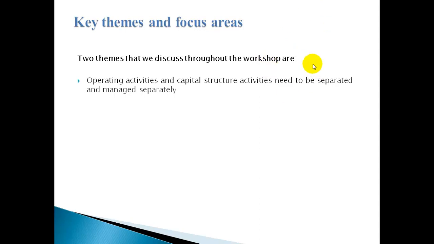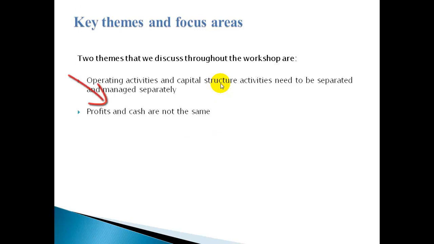That's another set of discussion and decisions that management teams or owners make. They're not the same. So we're going to look at operating activities and see how your business is doing from its operations. And then we're going to look at capital structure and see the kind of financing decisions that you've made and how that's impacting on your business as a whole.